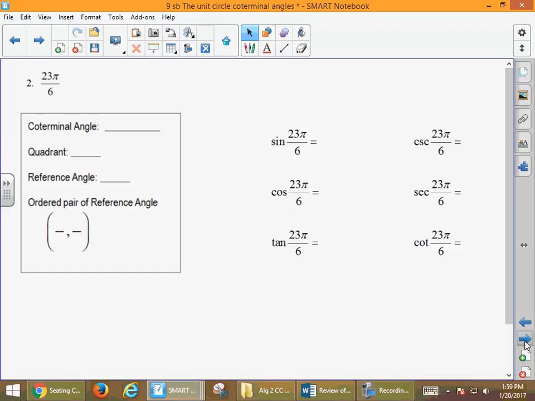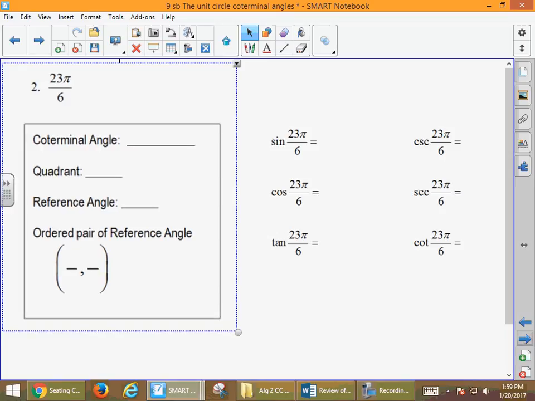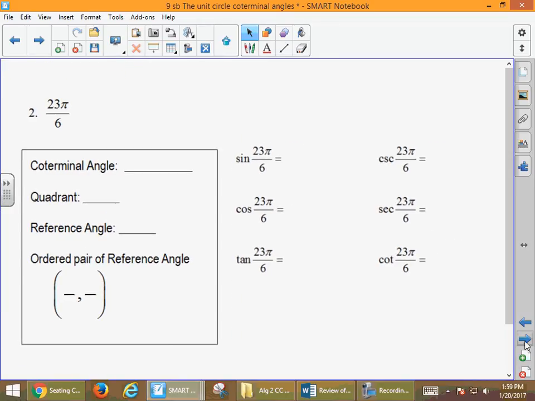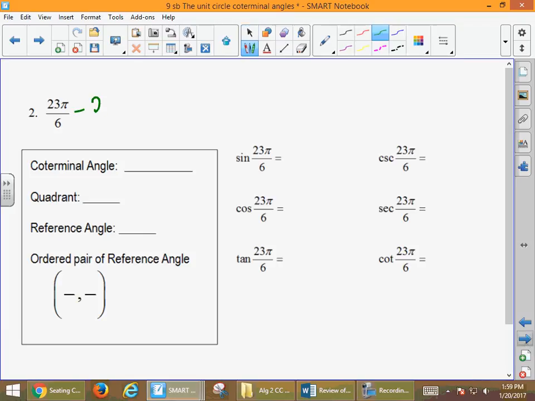If we take a look at 23 pi over 6, once again, what do we do if the angle is not on the unit circle? Well, let's see if we can find it on the unit circle. So what we can do is we can subtract 2 pi. Subtracting 2 pi because it was already a positive angle, so we're looking to see if we've got extra rotations in here, and it's really 2 pi over 1.